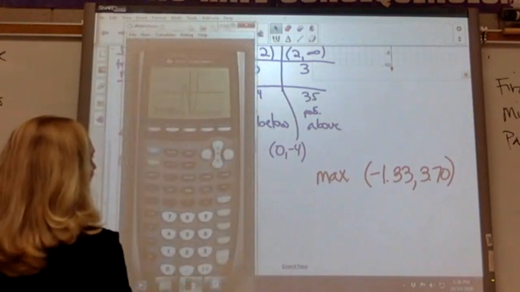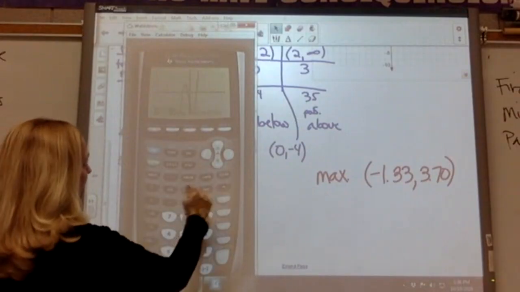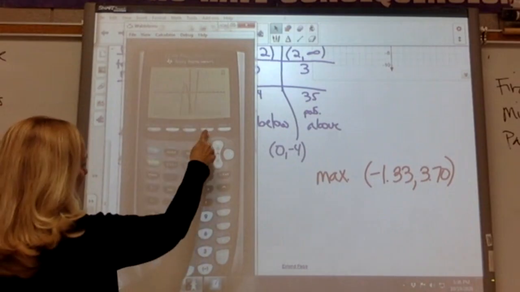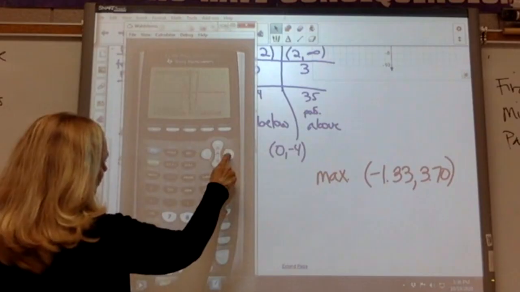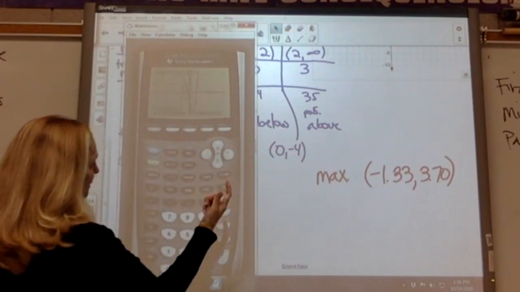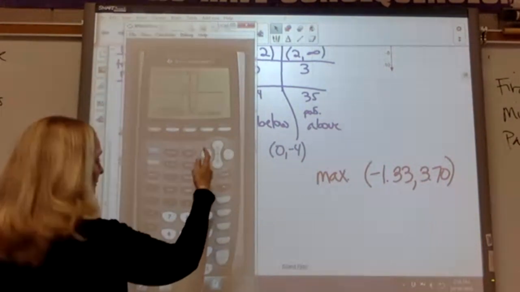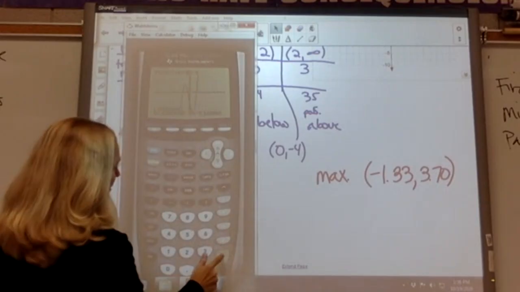All right, now I'm going to go back and I want to find this minimum value down here. So I'm going to do second trace. Minimum is number 3. So I got to move my cursor over here to this low part. All right, so it says left bound, so I'm going to go to the left, even though I can't hardly see it because of all the writing down there, but I know I'm to the left of it. So I press enter.